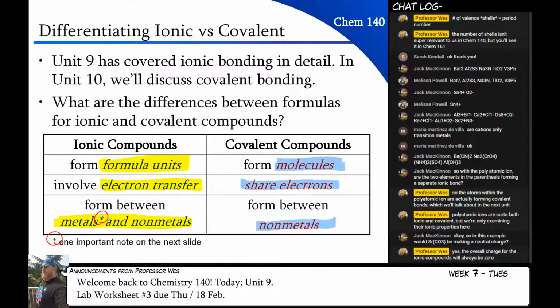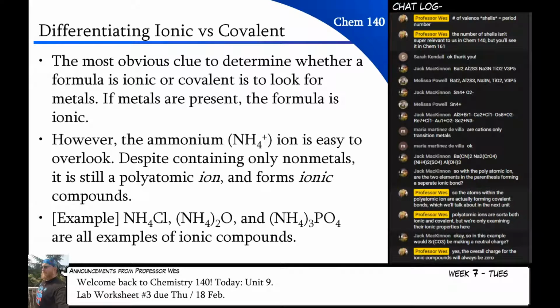There is one exception to the metals and nonmetals rule, and that is actually this one. Ammonium is a polyatomic ion. And if you form a compound with ammonium, you will get an ionic compound. So if you see ammonium, be very careful. Even though there are no metals inside this compound, there is an ion on it overall.